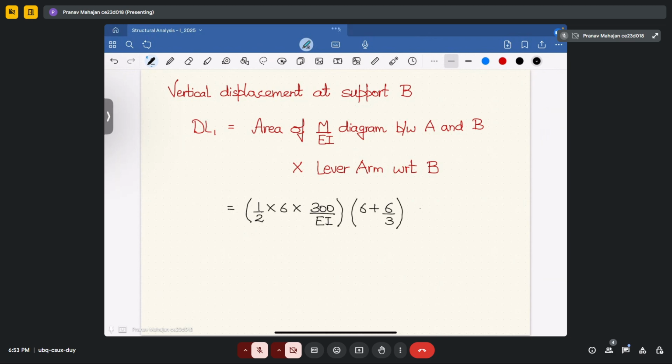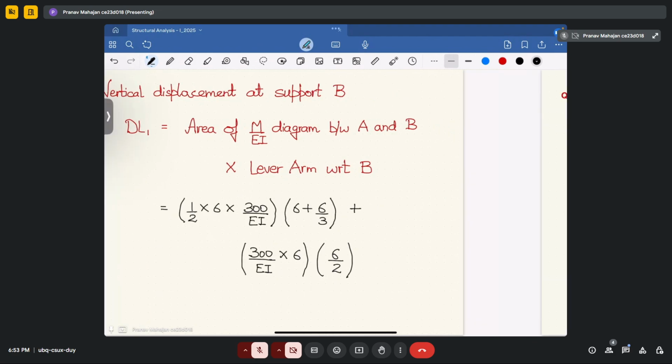Okay, now for the rectangle case, it will become 300 upon EI multiplied by 6, and it will be equal to 6 upon 2, that will become lever arm.